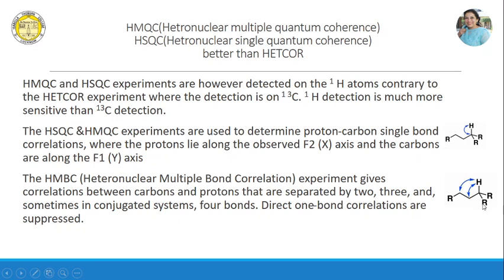For example, look here, when I talk about HMBC, it will give me this linkage, that means the carbon here linked to this hydrogen. It will also give me carbon here linked to this hydrogen, but the direct one bond correlation which we get in Hetcor is suppressed in HMBC.